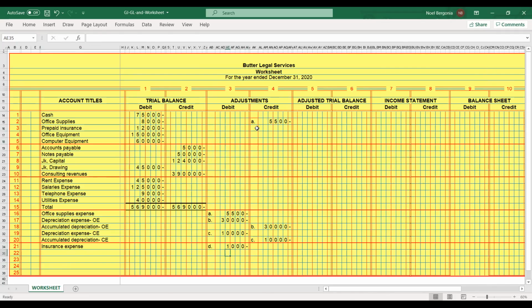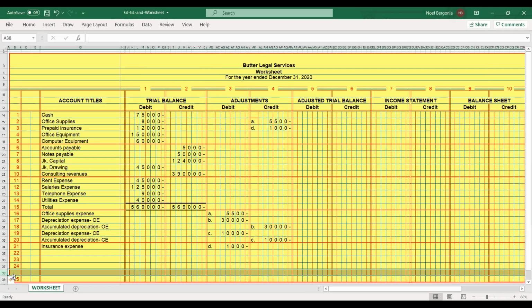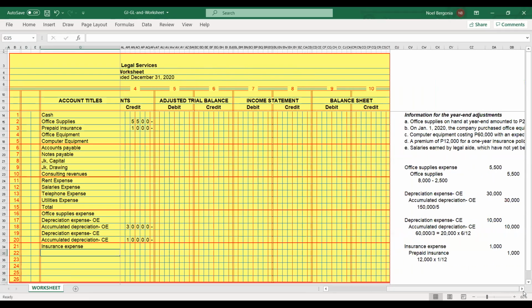And then credit prepaid insurance, letter D, okay, 1,000. So after we input that, tapos na tayo sa data for adjustments, letter D. Okay? And we have actually one more na lang, 'di ba? So we have letter E. So tapusin na natin.